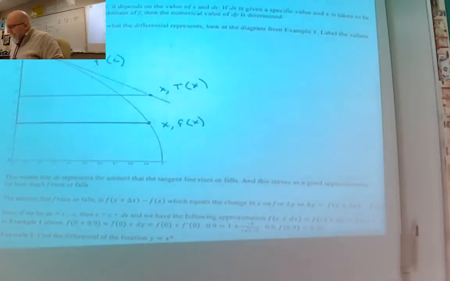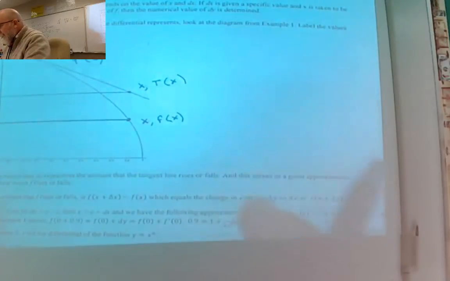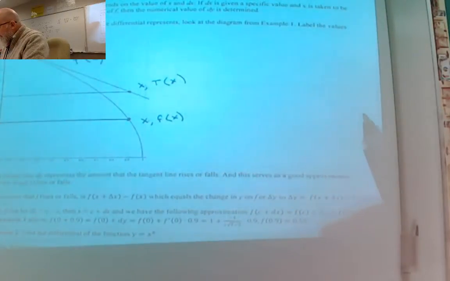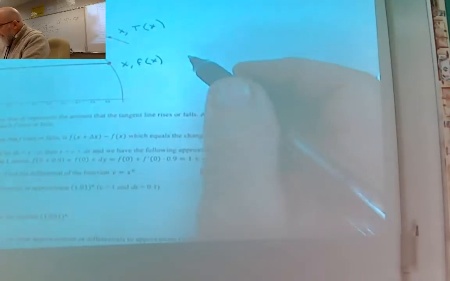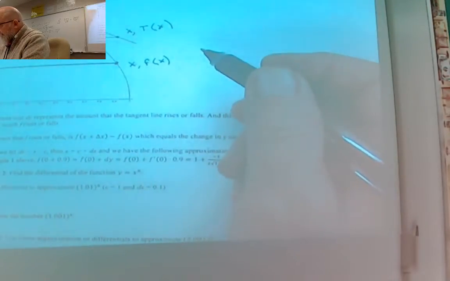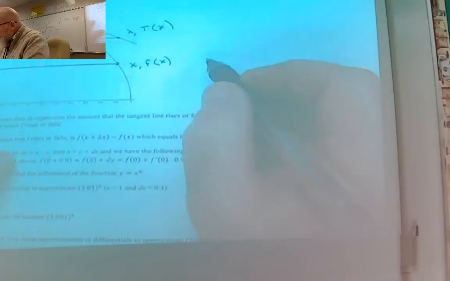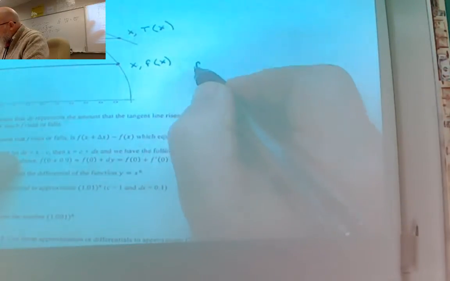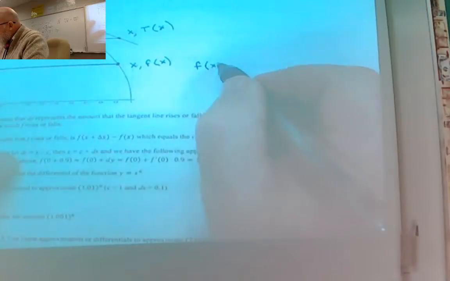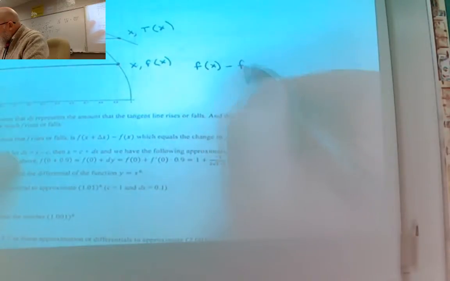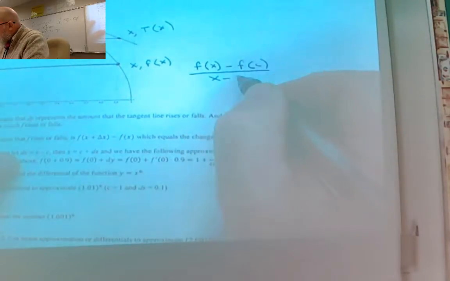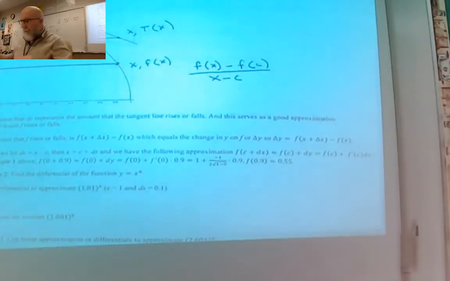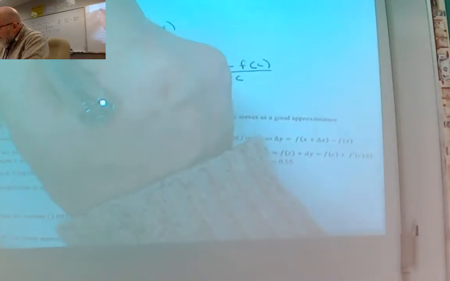Right here, how do I want to write this? So I'm going to change this a little bit. f of x minus f of c over x minus c would be the slope of this secant line right here.